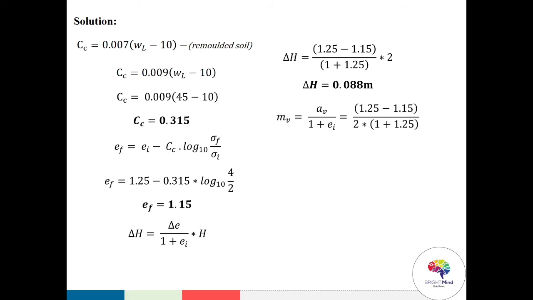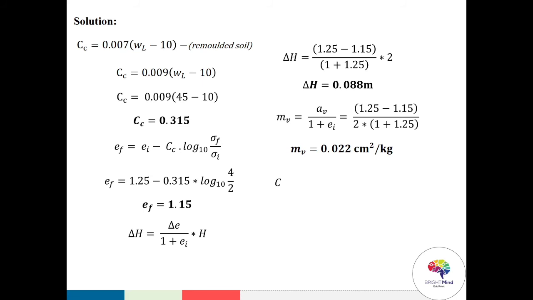Delta e is the change in the void ratio from the initial state to final state, that is 1.25 minus 1.15, and the change in the pressure, delta sigma, will be 2 in this case. So 1 plus e i, if I substitute e i as 1.25, the value of coefficient of volume change mv comes out to be 0.022 centimeter square per kg.